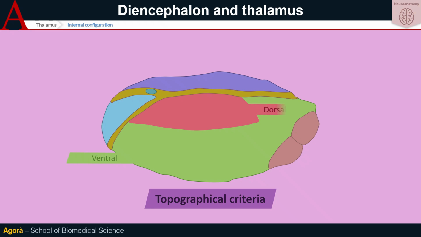The lateral nuclear group is further divided into dorsal and ventral groups by a thin white matter lamina. The anterior nuclei are found at the bifurcation of the internal medullary lamina. Finally, another group of nuclei, the intralaminar nuclei, are embedded within the internal medullary lamina. These are often grouped together with the midline nuclei, found on the surface of the third ventricle beneath the ependyma.